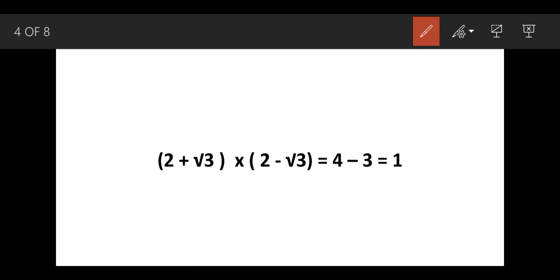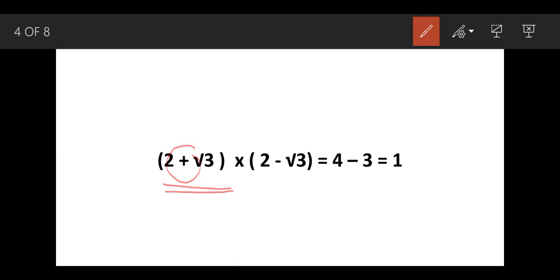If we have to find the rationalizing factor of 2 plus root 3, as 2 plus root 3 is an irrational number, what will we do? We will multiply it by its conjugate. What is a conjugate? We just change this sign. Here it is plus, we'll change the sign to minus. If it is minus, then we will change it to plus. This is known as conjugate.